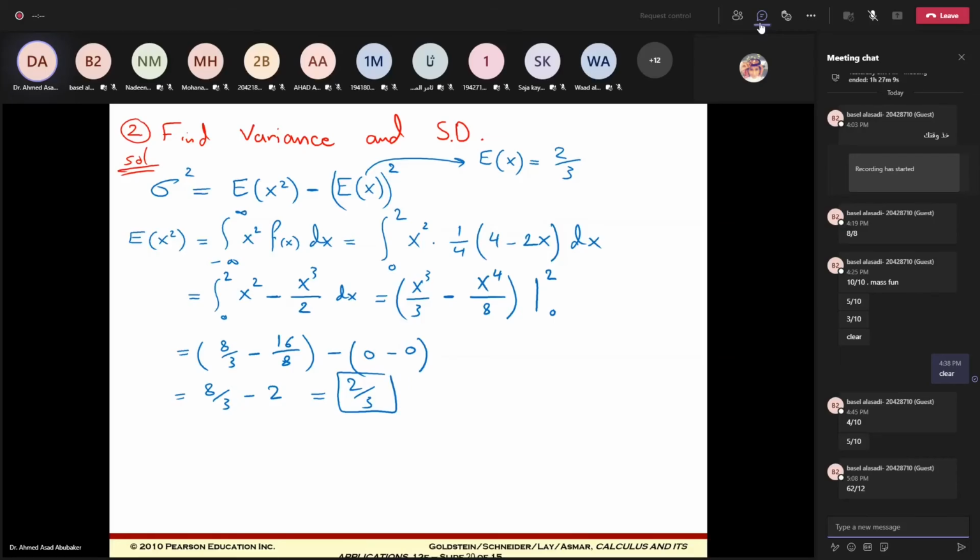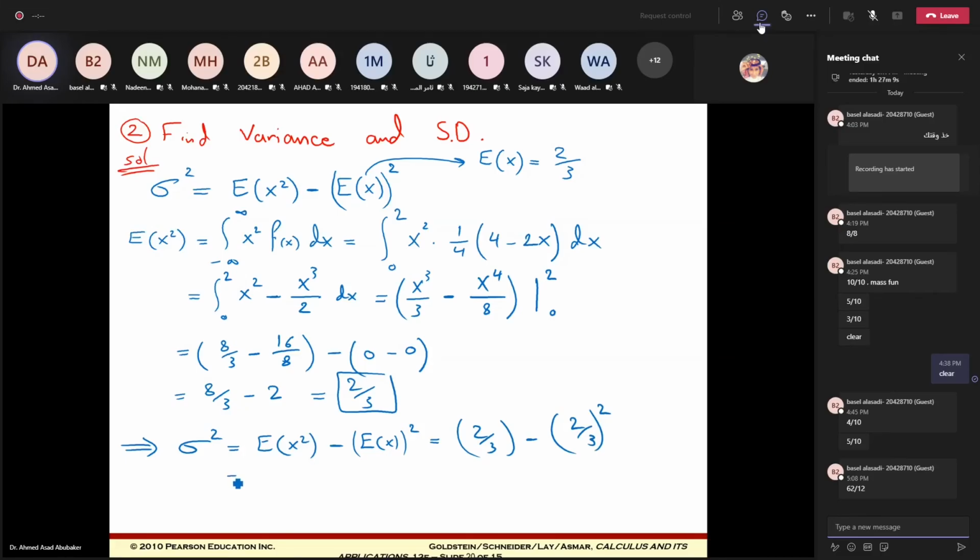Okay. So we can find the variance, equal EX square minus EX all square. This is equal 2/3 minus 2/3 all square.